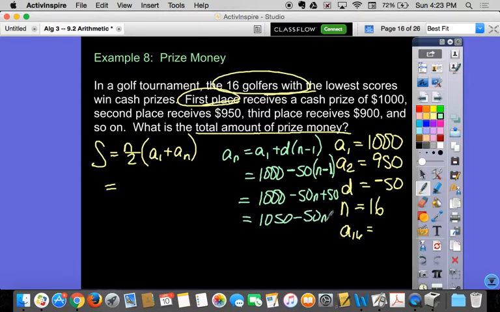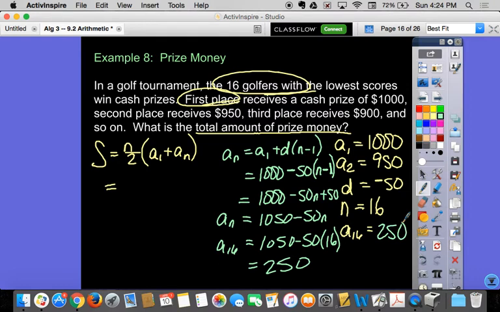So if I want to know what a sub 16 is, I've got to come in here and plug in 16. So I've got 1,050 minus 50 times 16. That came out to be 250. So the last place got $250.